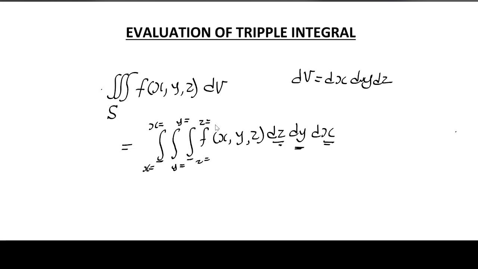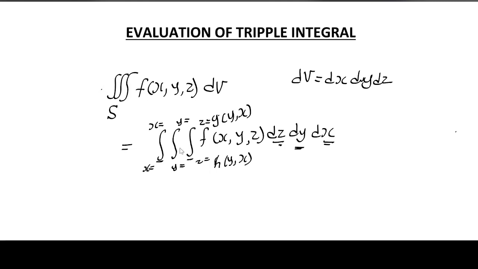Innermost variable limits, the upper limit, can be a function of y and x, and the lower limit is similar, it can also be a function of y and x.